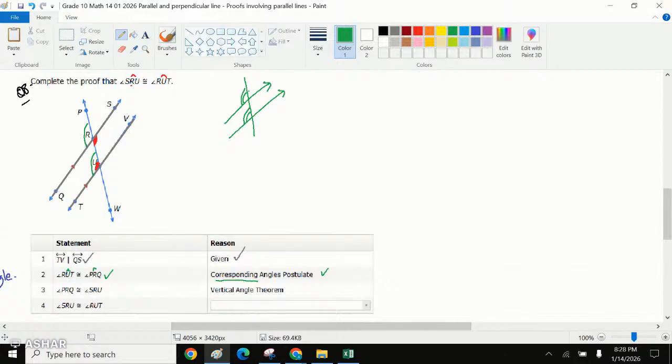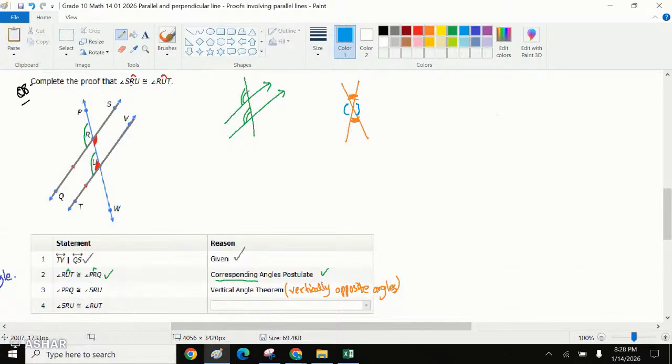Moving ahead, it says vertical angle theorem, right? And we know that vertical angles are basically vertically opposite angles, right? That means whenever we have a formation of X, these two angles and this angle, these pairs of angles would be vertically opposite. And similarly on the same diagram, this angle will be vertically opposite to this angle, right?